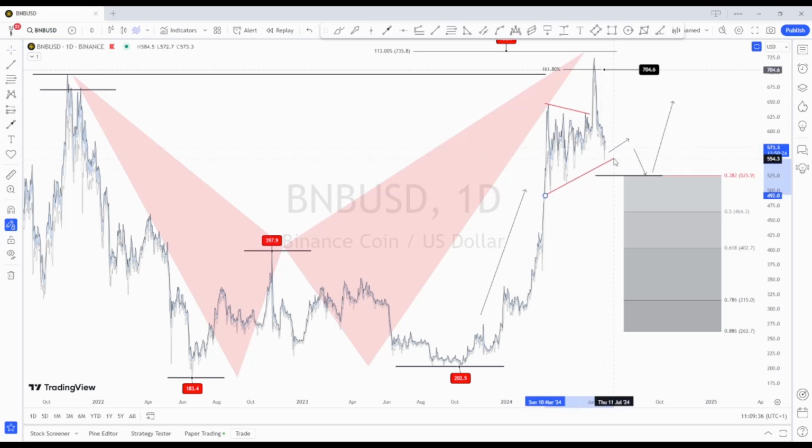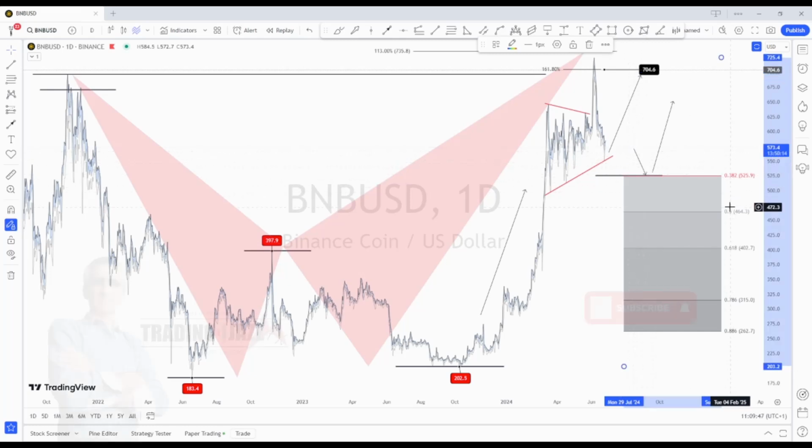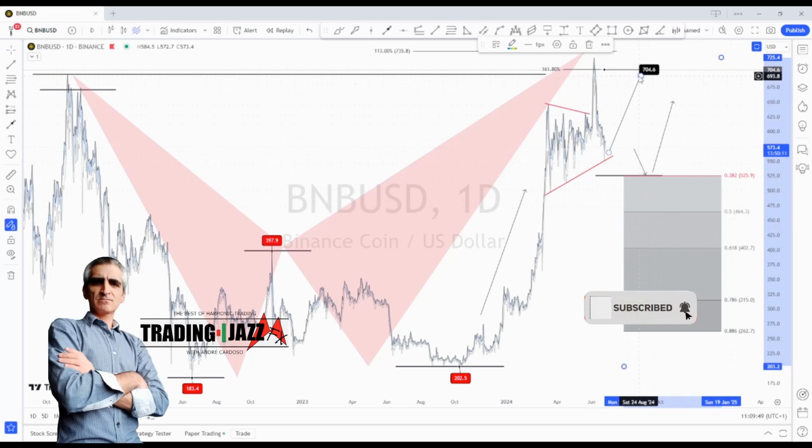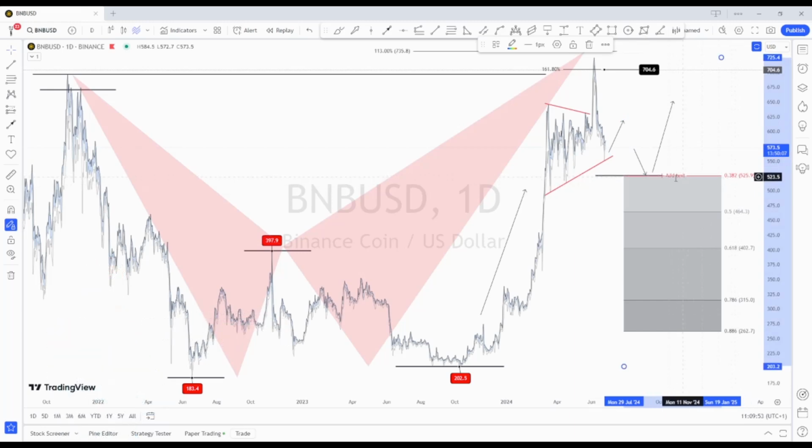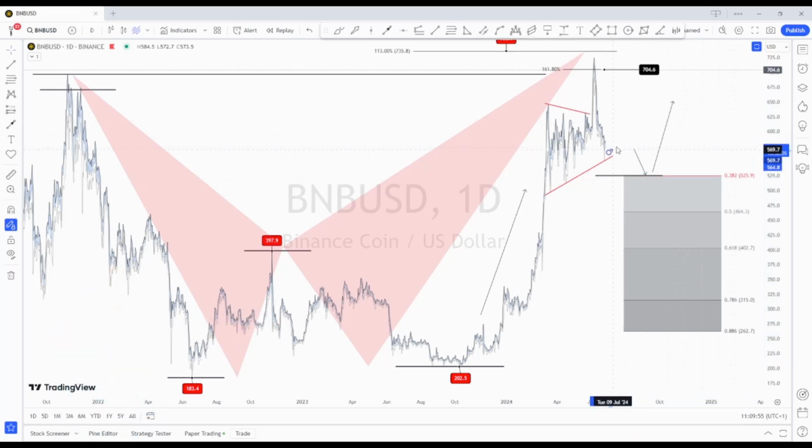This is a crucial area for Binance in my point of view, because the market may also trigger a major bounce from here without reaching this 38% Fibonacci level, of course. But my expectation is to find some support at this level. So we should be paying attention to this momentum or this period of consolidation that may emerge at this point.